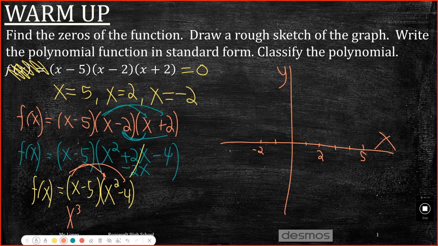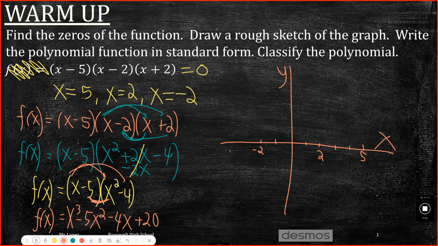I know this one has to go first. That's going to be negative 5x squared, so it's in order already. And then I put the negative 4x and then the positive 20. So it is a third degree polynomial.